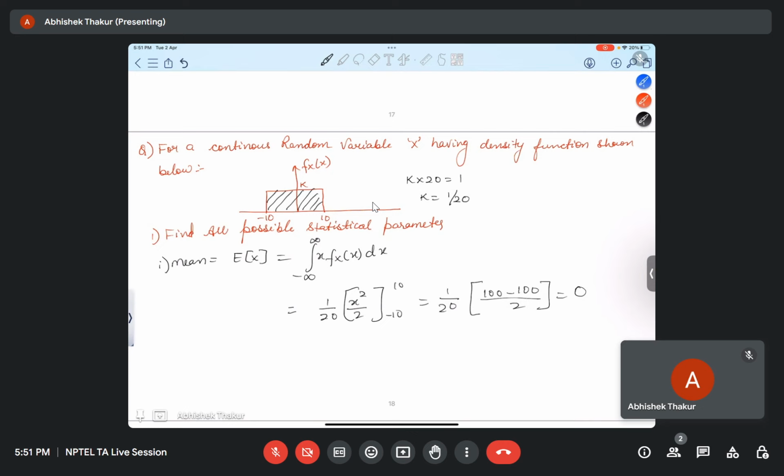So also write a note point. If the density function is symmetrical along the x-axis, the mean will be equal to the symmetrical point.